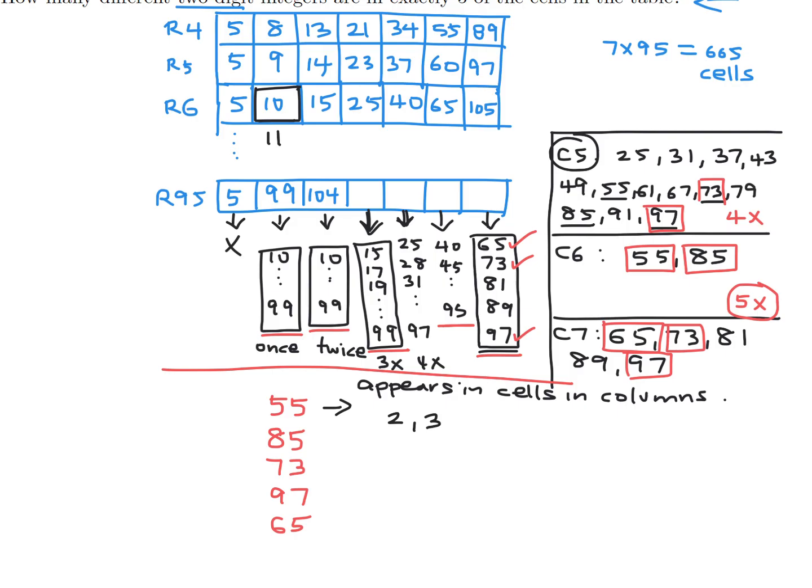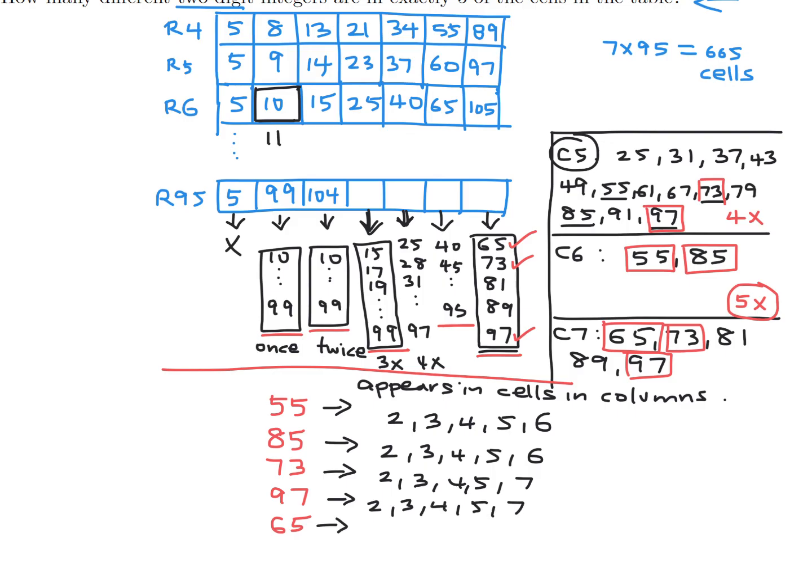Column 2, 3, 4, 5, and 6, correct? 85 appeared in columns 2, 3, 4, 5, and 6. Number 73 appeared in columns 2, 3, 4, 5, and 7. 97 also 2, 3, 4, 5, and 7. And 65 appeared in columns 2, 3, 4, 6, and 7. There we go. That is the list of the numbers that appear in 5 cells.